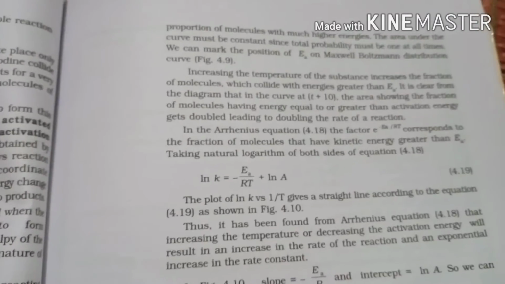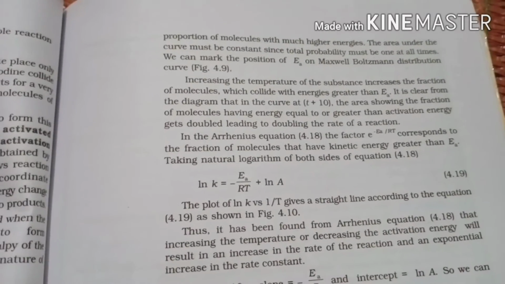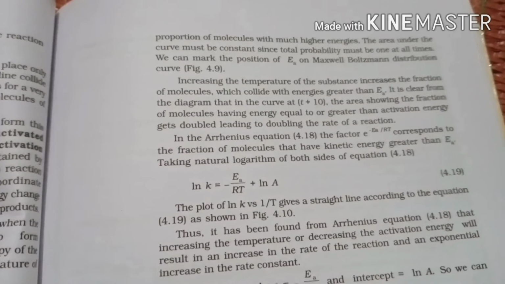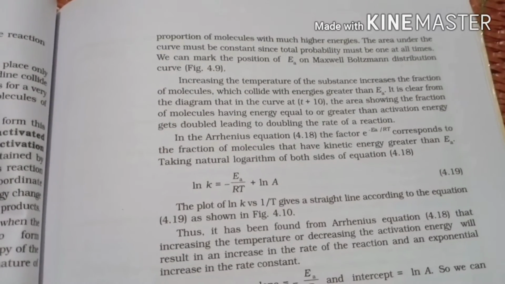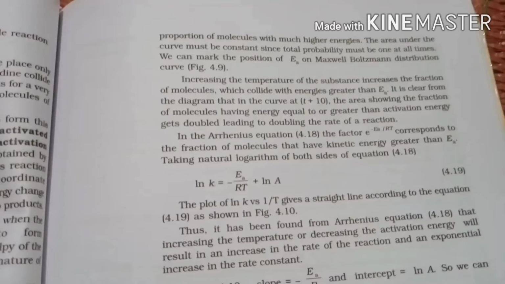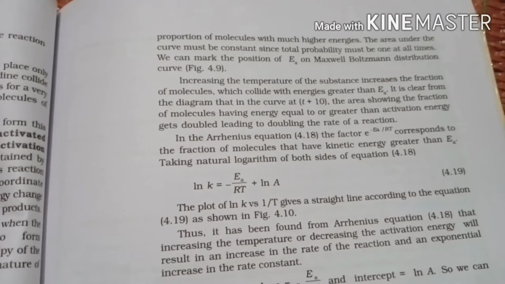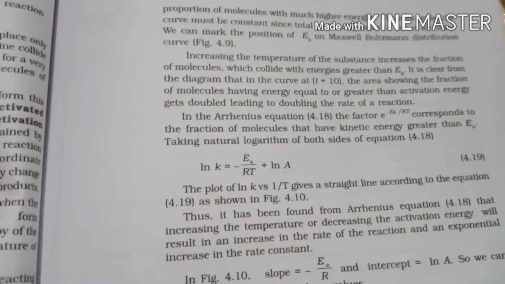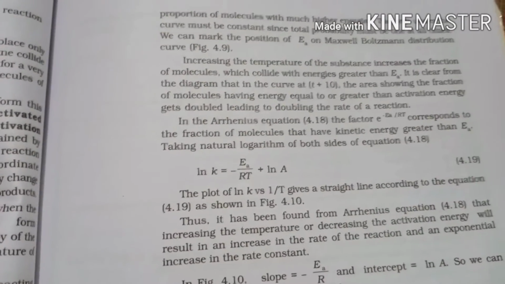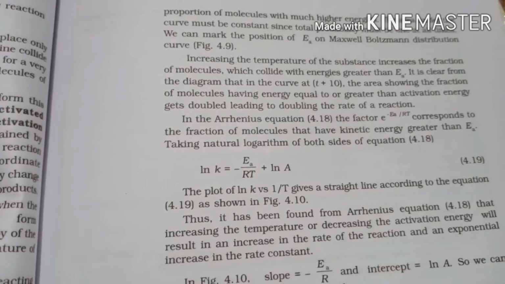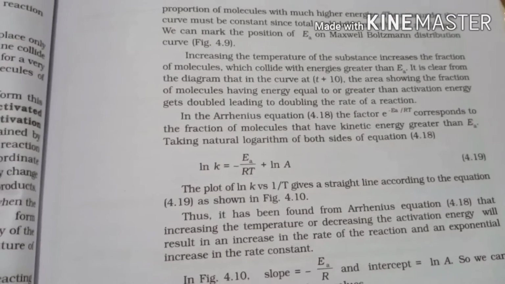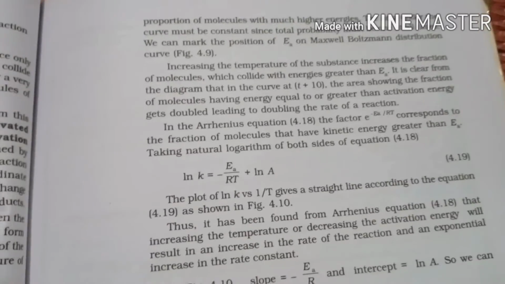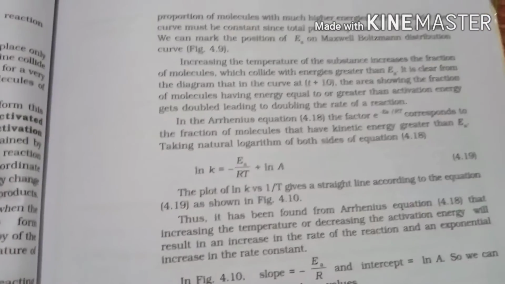Now in the Arrhenius equation, the term e to the power minus Ea by RT corresponds to the fraction of the molecules that have kinetic energy greater than Ea. Taking the log, we get ln k equal to minus Ea by RT plus ln A. The plot of ln k versus 1 by T gives a straight line according to the equation.